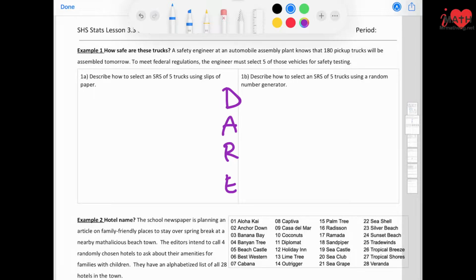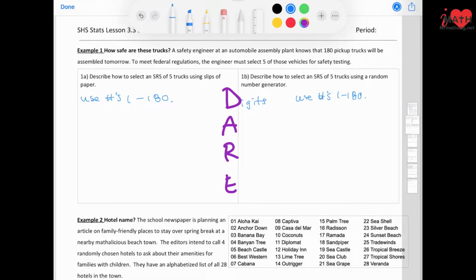And if I use slips of paper, what numbers am I using? Use numbers 1 to 180. Those are the digits that I'm using. How do I assign them?